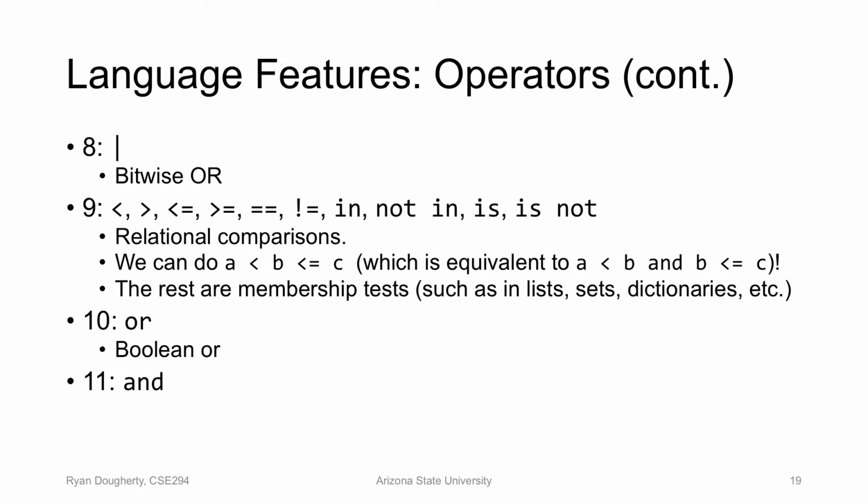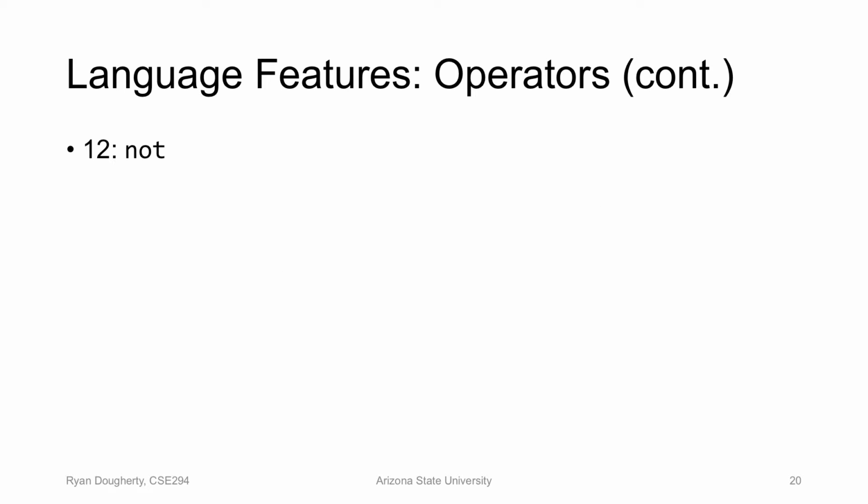And is Boolean AND. So it takes two operands. If both of them are true, then it returns true. Otherwise, it returns false. Okay? It's just like the double ampersand that you've seen before. Not is a unary expression. So basically, it takes in one argument, which will be a Boolean.